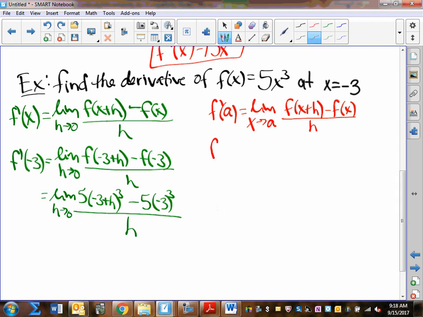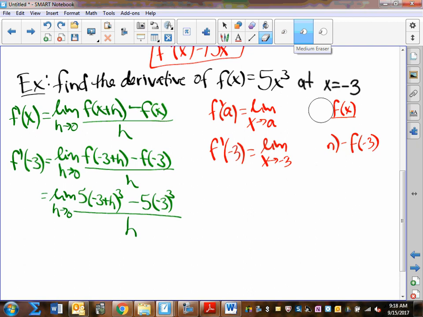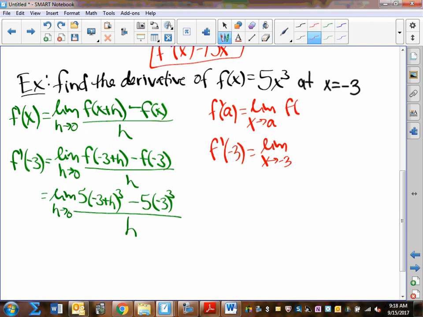So if I set up f prime of -3 over here, I get the limit as x approaches -3 of f of -3 plus h minus f of -3. Whoa, what was I doing here? I totally wrote up the wrong formula, didn't I? Okay, let's try this again. Alright, we're in a, so it's f of x minus f of a over x minus a. Again, y minus y over x.